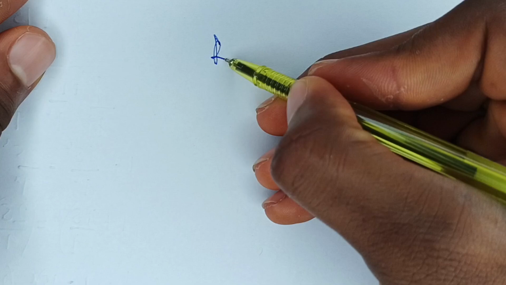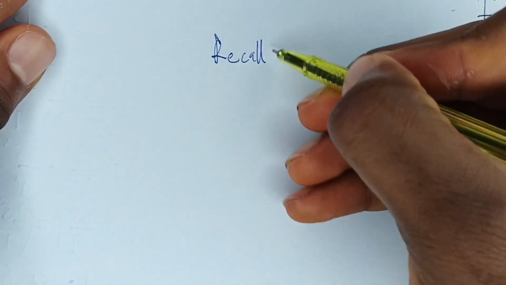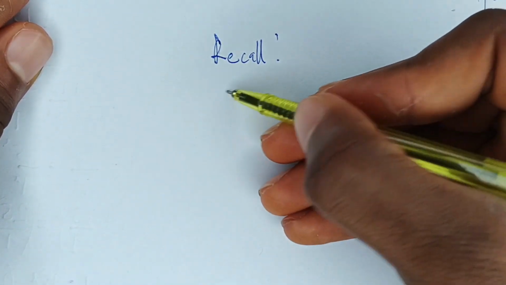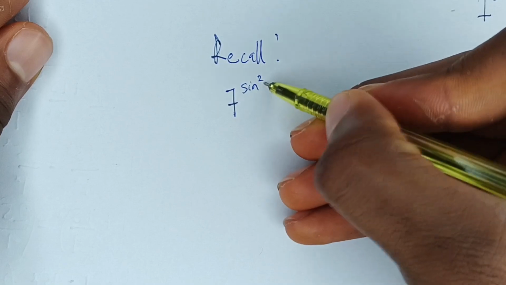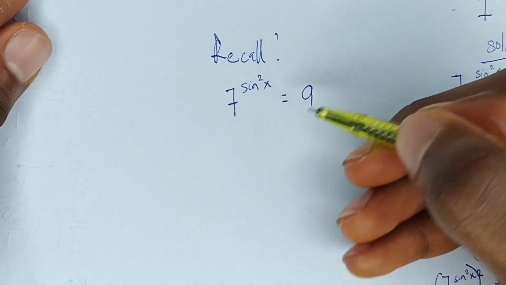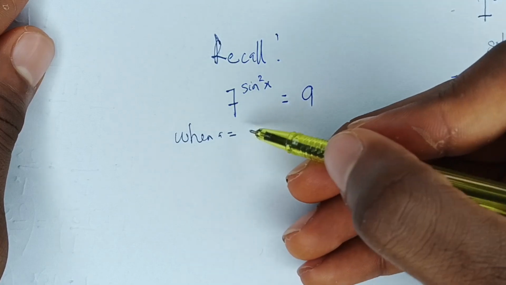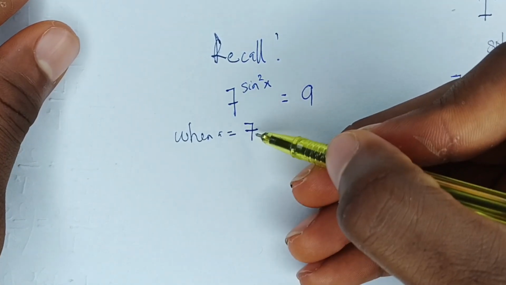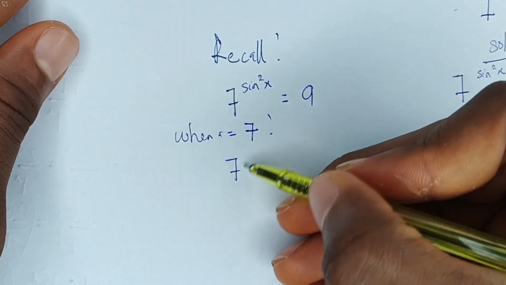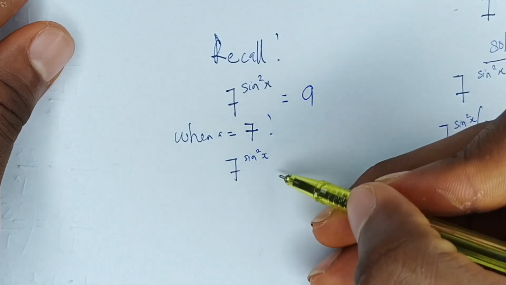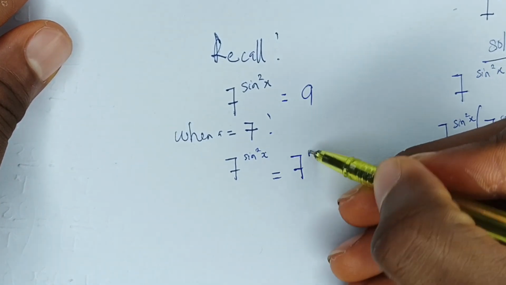Let's say, recall that 7 raised to power sine squared x is equal to a. So we say when a is equal to 7, we have that 7 raised to power sine squared x is equal to 7 raised to power 1.